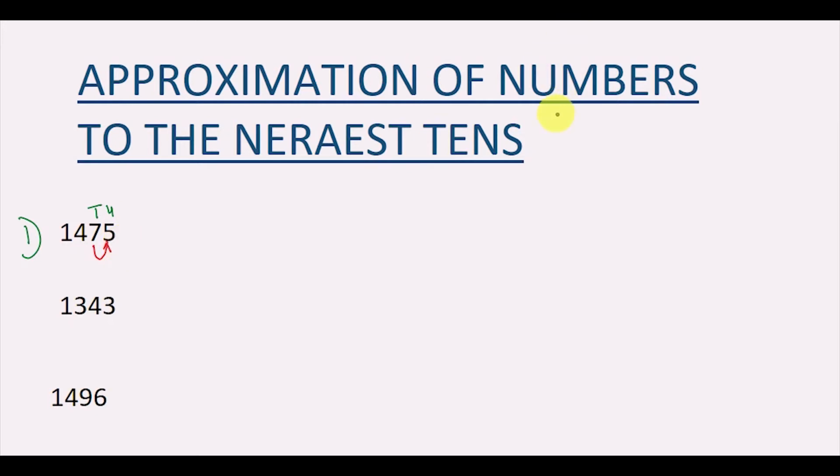Now let me write something for you. 1, 2, 3, 4, 5, 6, 7, 8, 9. So from 5 upwards, that is 5, 6, 7, 8, 9, I will round up.